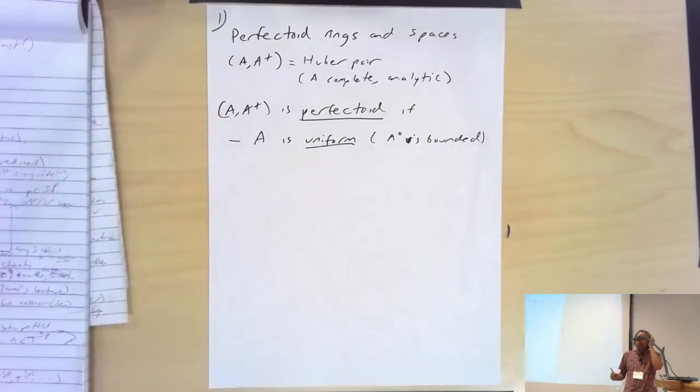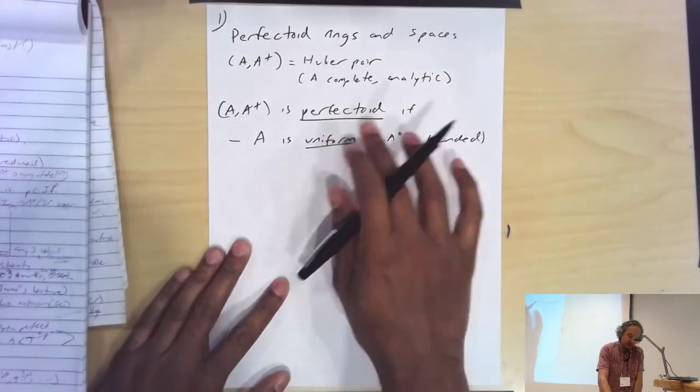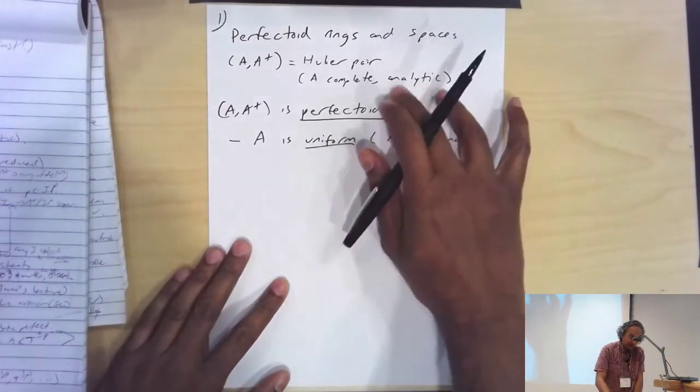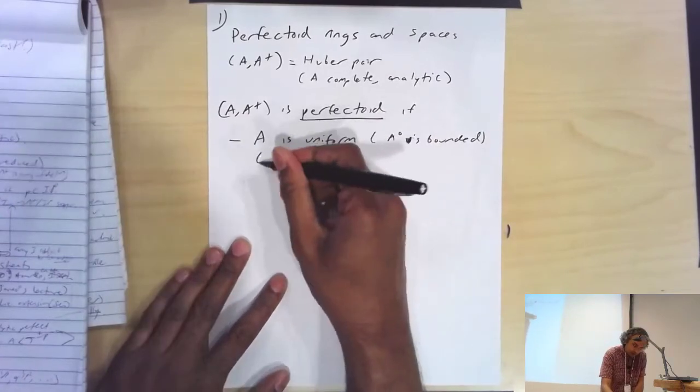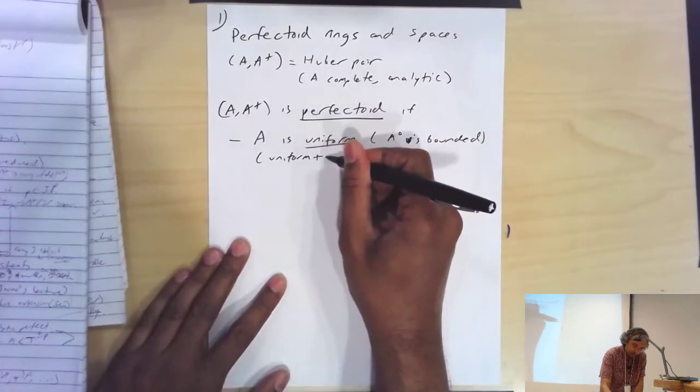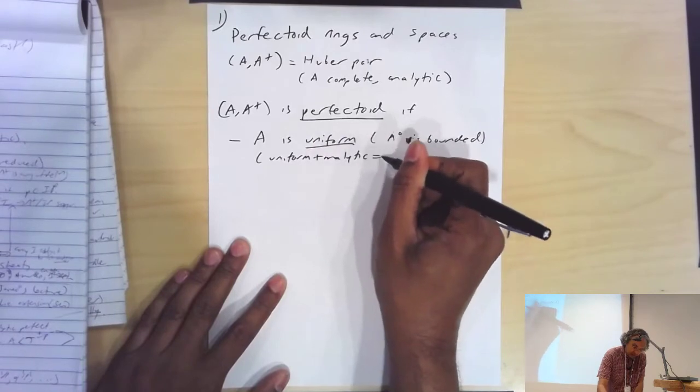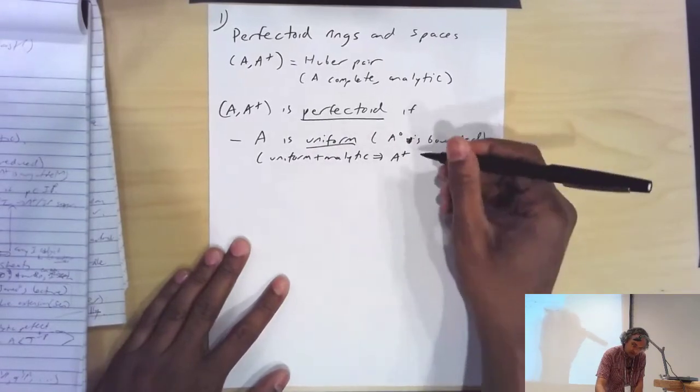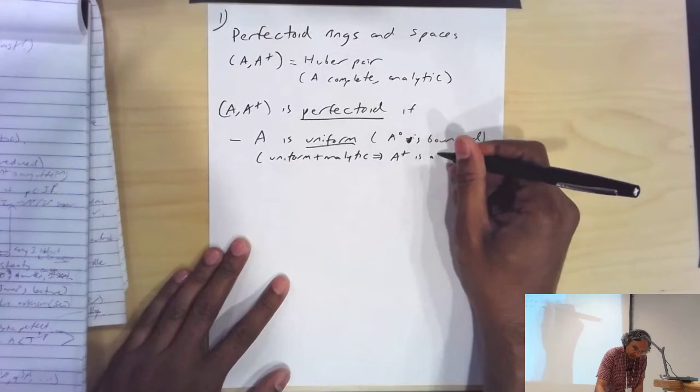And for the purposes of writing down the rest of the definition, it's useful to note that because I'm working with something that's both analytic and uniform, whatever this A plus is, it's also a ring of definition.